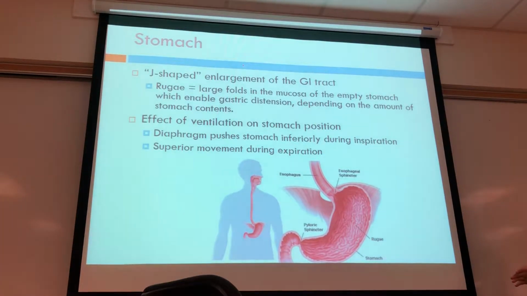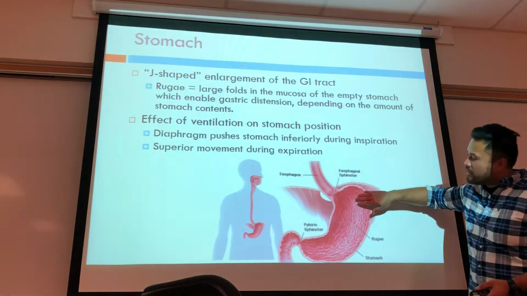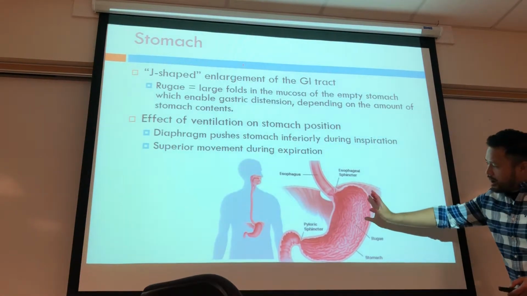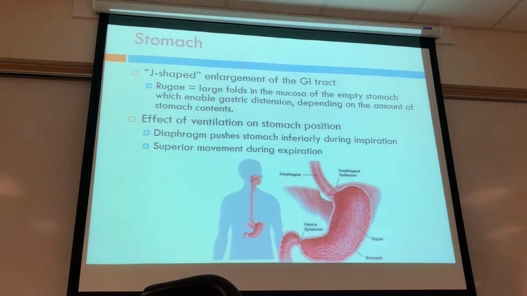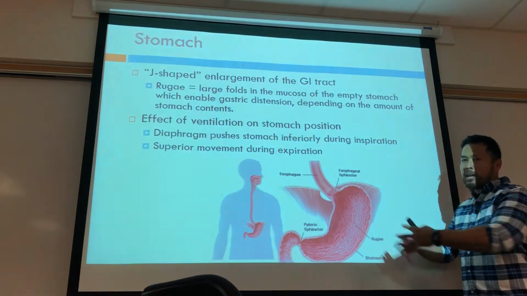And in the stomach, what you'll notice about the mucosae is that the layer within the mucosae is quite folded. The folds that are present are called rugae. That allows the expansion of the stomach.